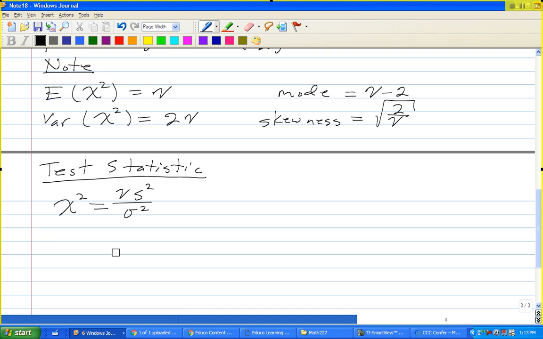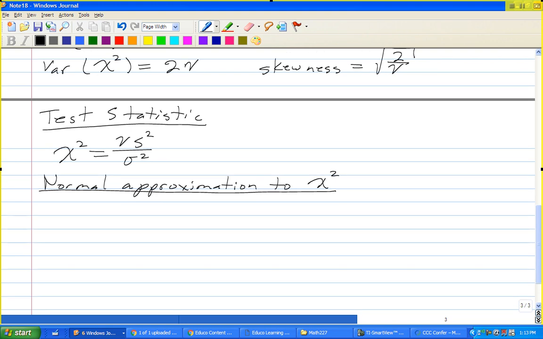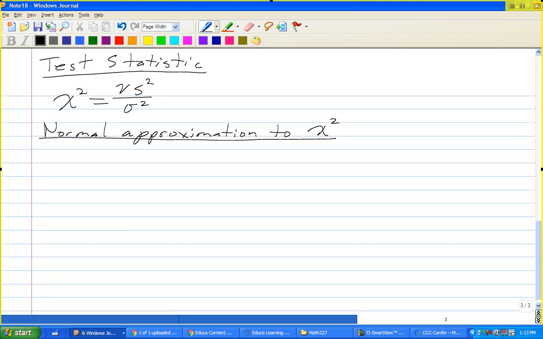So the normal approximation to the chi-squared. First, the Wilson-Hefferty approximation, and this is an excellent approximation. Much better than you've seen for any other situation.